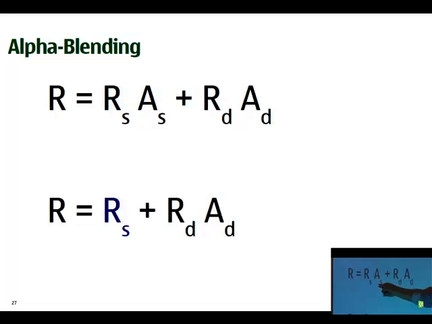Of course, you can do this when you're doing the alpha blending, but it is much more efficient if you do it beforehand. If we don't have any multiplication here, just like this, then we save one multiplication for every alpha blending operation, which means that the whole alpha blending will be much faster.